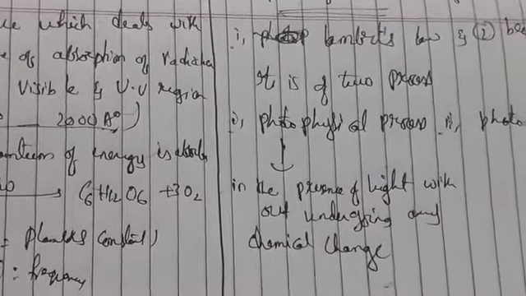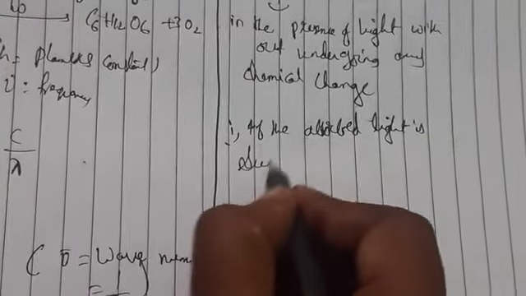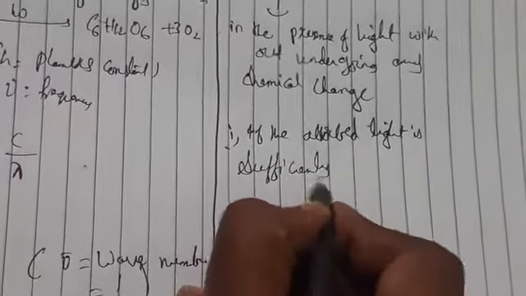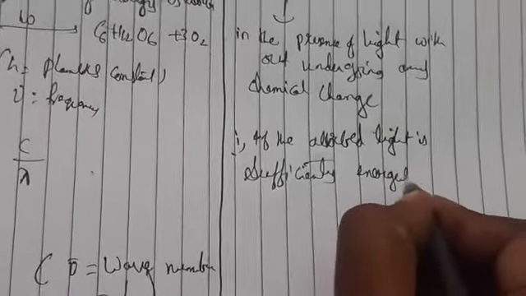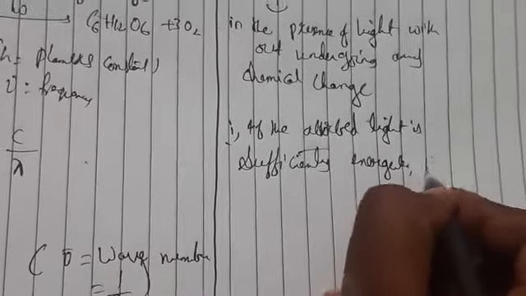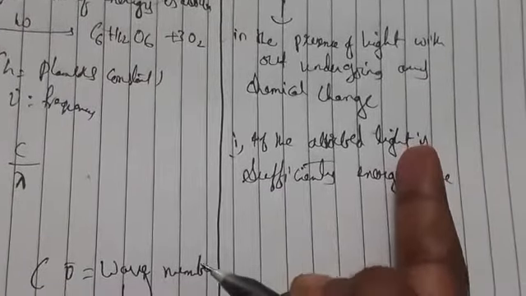This one is generally of three types. If the absorbed light is sufficiently energetic, then the electron jumps from a lower orbit to a higher one.